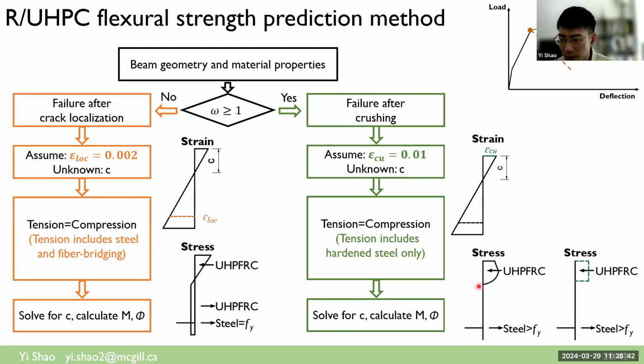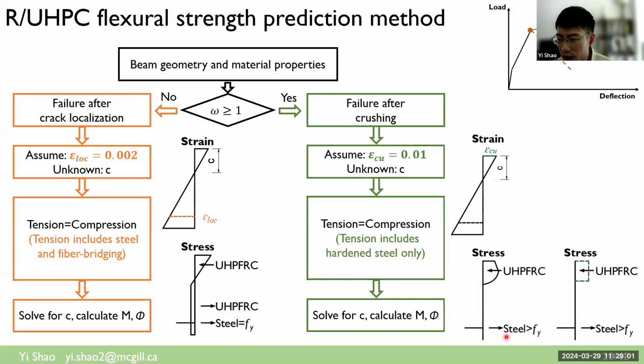And then the widely localized crack means that the fiber bridging is almost lost in the flexural tension zone. So we most likely can neglect the fiber bridging, although there may still be a small amount of fiber bridging near the neutral axis, but we may neglect them for simplicity.